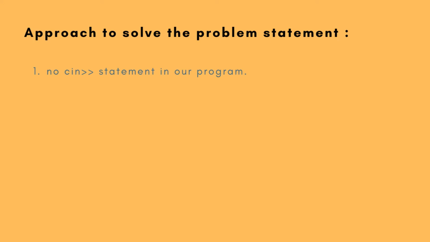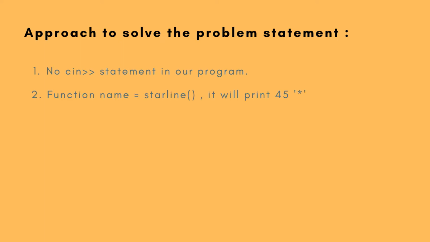Number one, we are already given the data which is to be printed on screen. Here in this case, data is names and ages. So there would be no need of any user input and hence there would be no cin statement in our program. Number two, we would be writing one function named starline, which would produce 45 asterisks using a for loop.